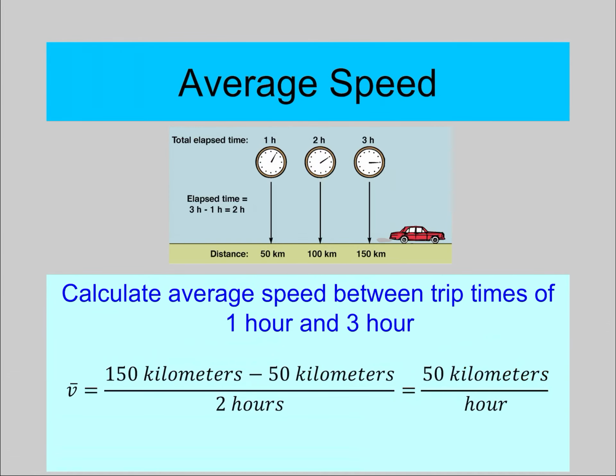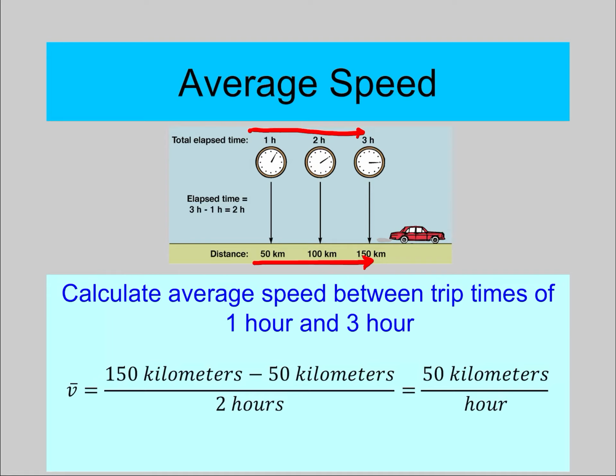Now, average speed is calculated very similar to this. So say that you go on a road trip and you travel 50 kilometers in the first hour, another 50 kilometers in the second hour, and another 50 kilometers in the third hour. So in total, you're going to travel 150 kilometers, and the elapsed time is going to be 3 hours. But you want to know what the average speed was between the first hour and the third hour.